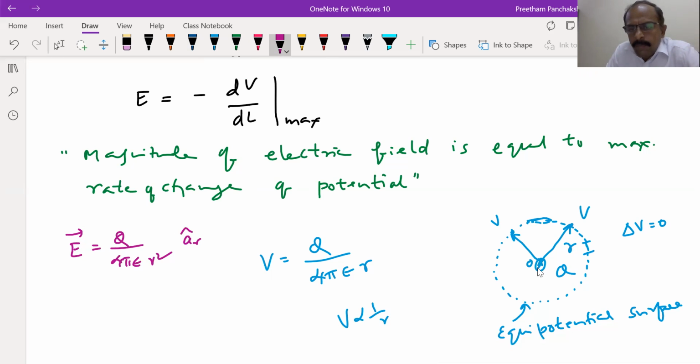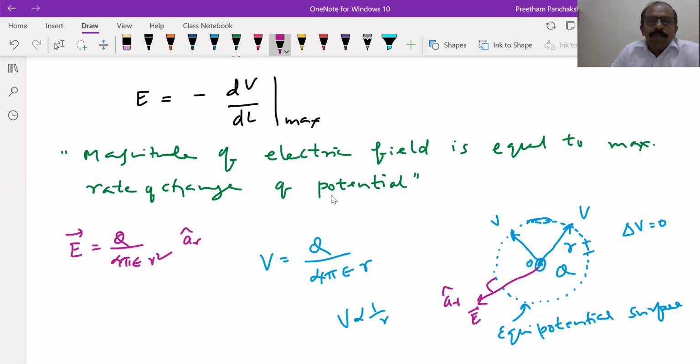A cap R is the unit vector pointing outward from the charge perpendicular to the spherical surface. So the direction of electric field E is always perpendicular to the spherical surface. So a cap R is the direction of the electric field.